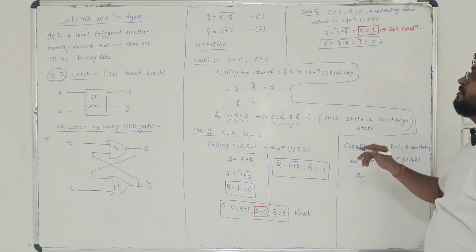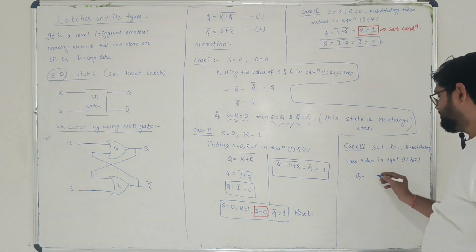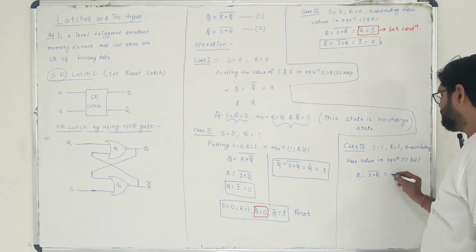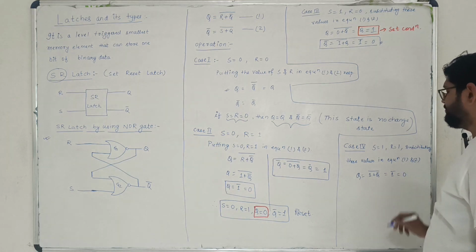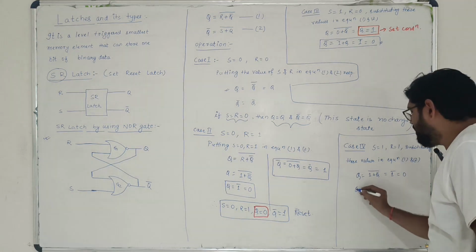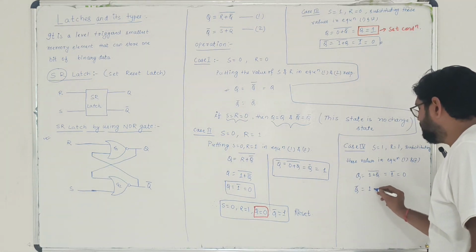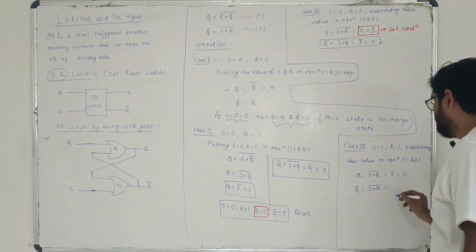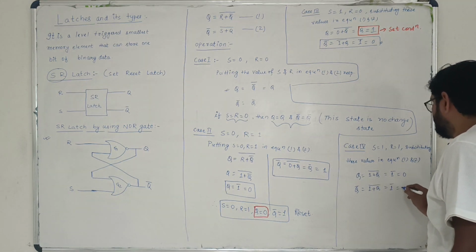Q equals to 1 plus anything is same, 1 plus Q bar whole bar is equals to 1 bar, that is nothing but 0. Similarly, about Q bar, you will be getting 1 plus Q whole bar equals to 1 bar equals to 0.